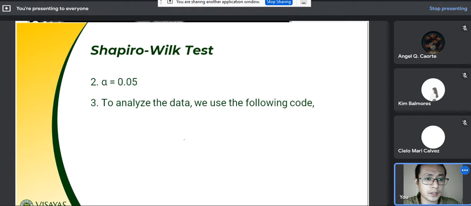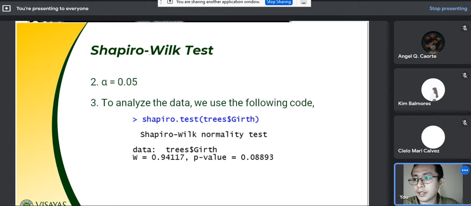To do this, we are going to use the shapiro.test function that we have learned earlier, and inside it, we are going to pass the name of our dataset, which is trees, and then pass the variable, which is girth. So girth is a variable or a column of our trees dataset.